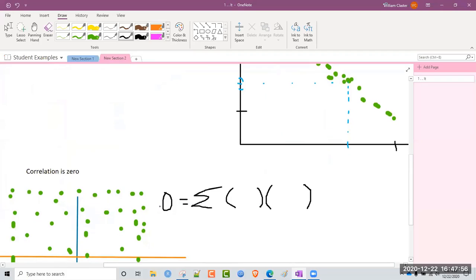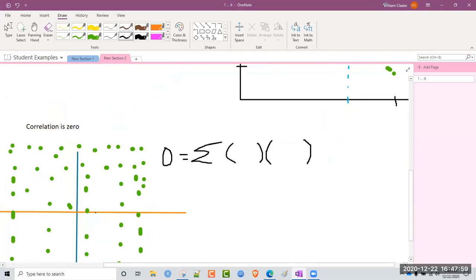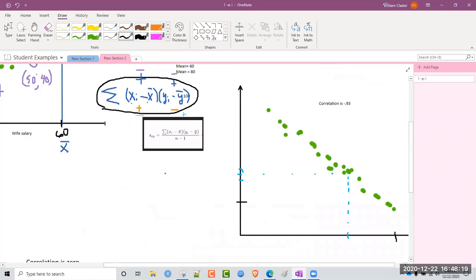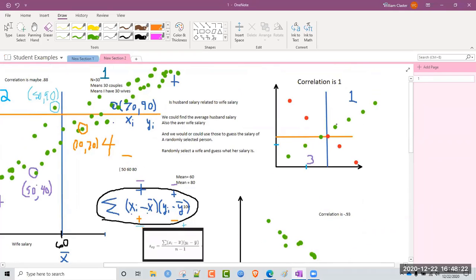But if I get no correlation in the data, this sum is going to be 0. So this sum is very important in terms of what kind of relationship the two variables have. Here, the two variables have no relationship, and this sum is 0. For the green dots, they have a very strong relationship, and this sum is going to be a big number. And when dots look like these red ones, which means there's a very strong correlation but negative, this sum is going to be a big negative number.